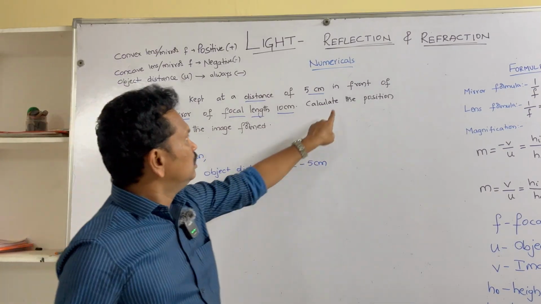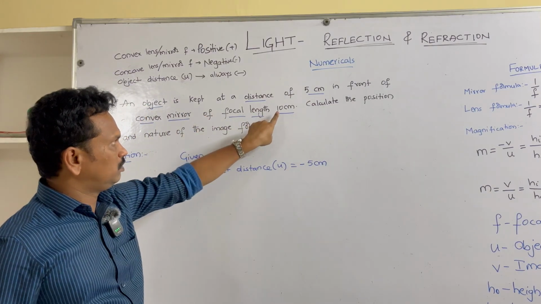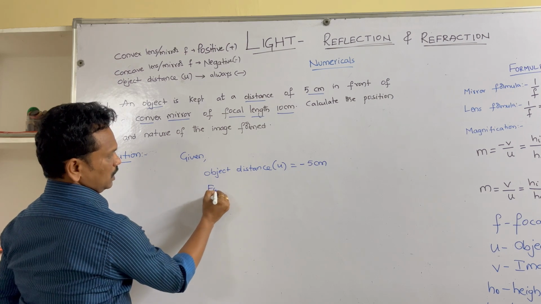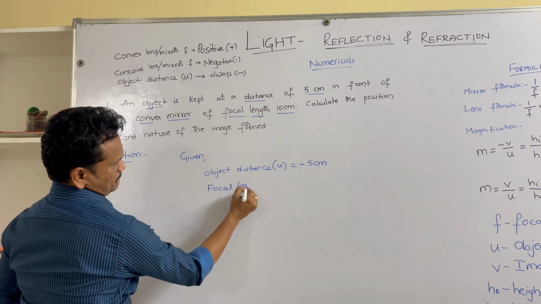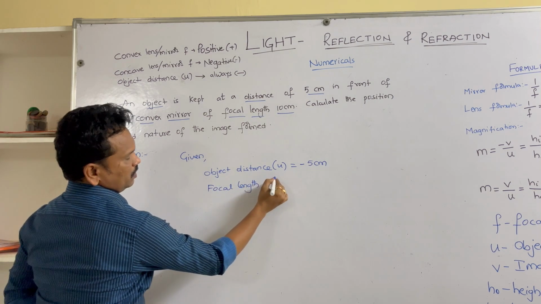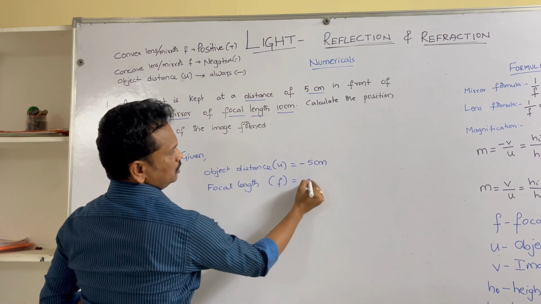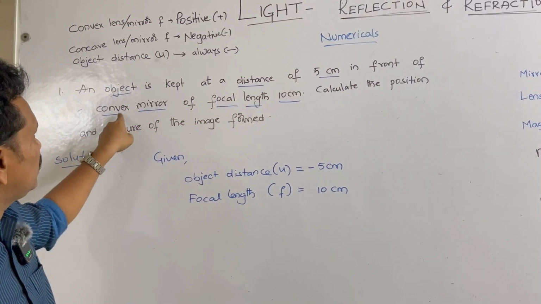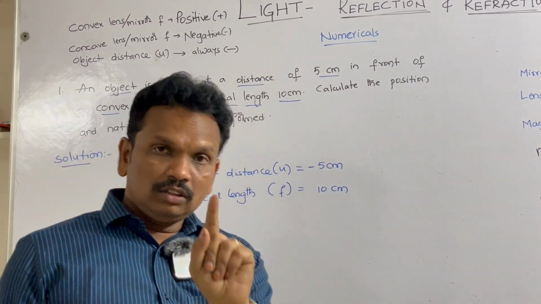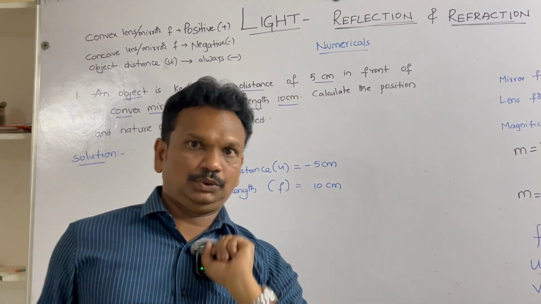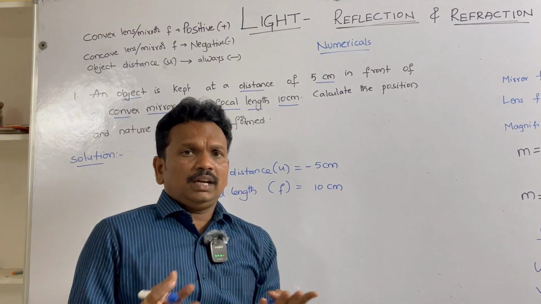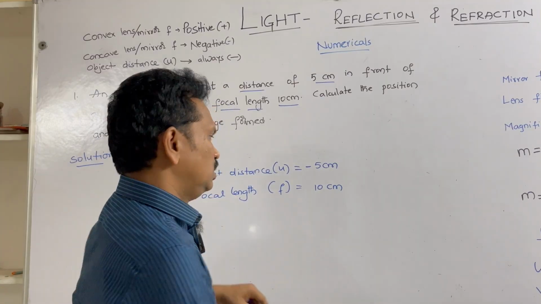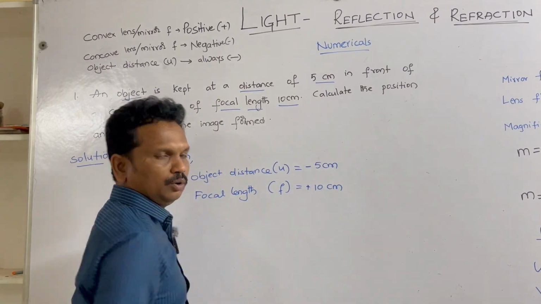Then focal length, small f, is equal to 10 centimeters. The given mirror is a convex mirror, and the focal length of a convex mirror is positive, so no need to write the symbol. Even if you keep the positive symbol, you will find the same answer.